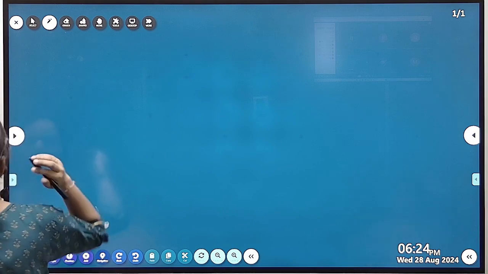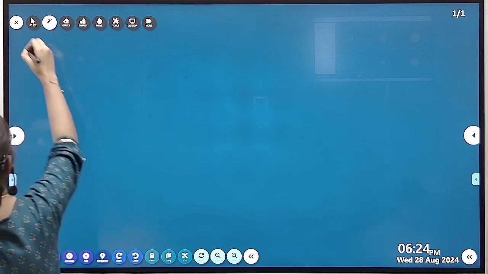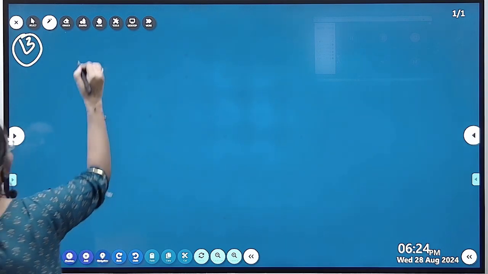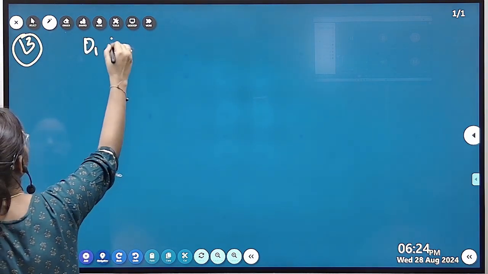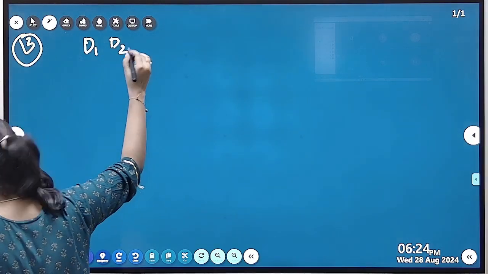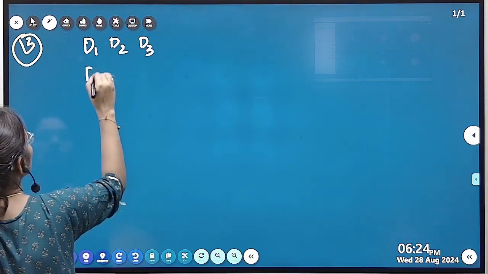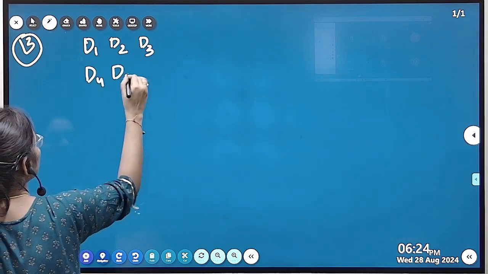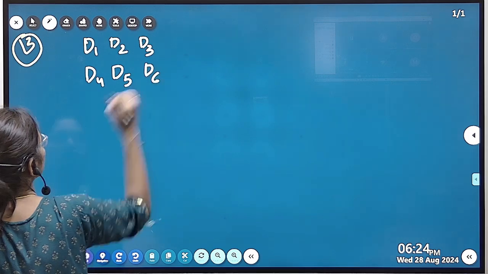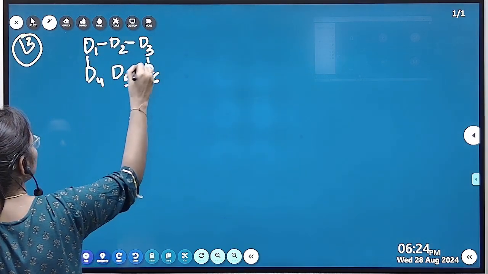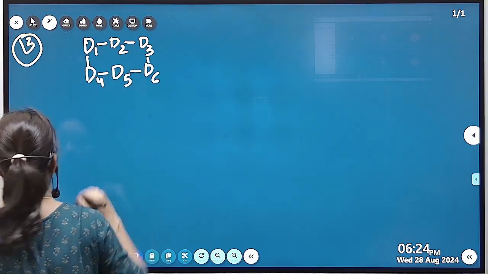So in the question number 13, what's the layout he has given? D1, D2, D3, D4, D5 and D6. So this is the layout he has given. Okay.